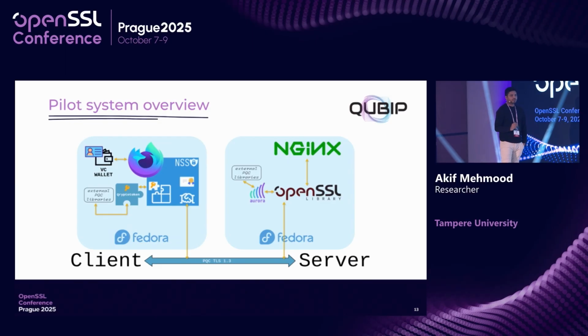We don't have the time to talk about it, but tomorrow, one of our colleagues or our supervisor will be presenting a talk on this Rust crate, which we call OpenSSL Provider Forge. If you're interested, please do attend that talk as well.